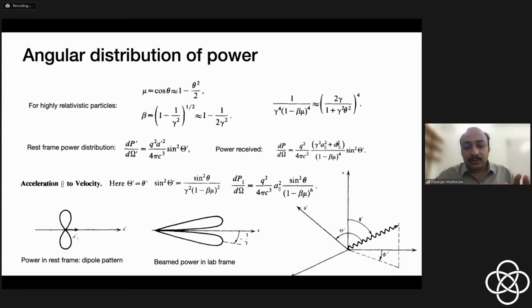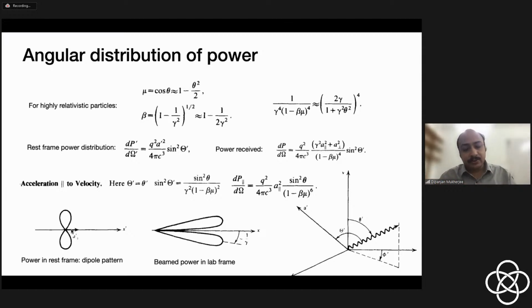But ignoring all these mathematical equations, I gave them here to motivate what is being shown. What I really wanted to show was how this dipole pattern transforms as you go to a different reference frame.